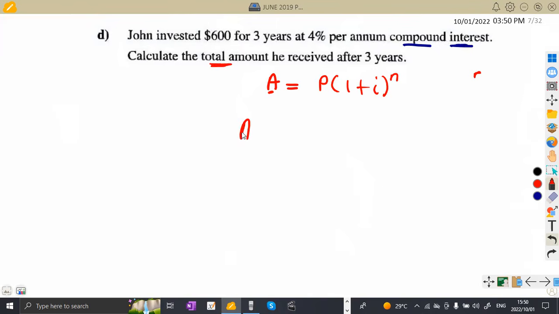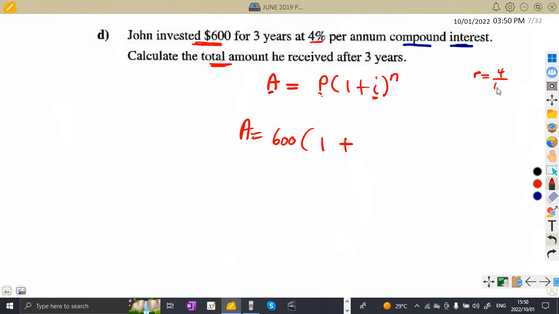So your A is going to be the principal, which is the money that he invested, $600, times 1 plus the interest rate, which is 4%. Remember, to remove the percentage, you're going to write it as 4 over 100. So take note that the percentage is supposed to be written as a decimal.